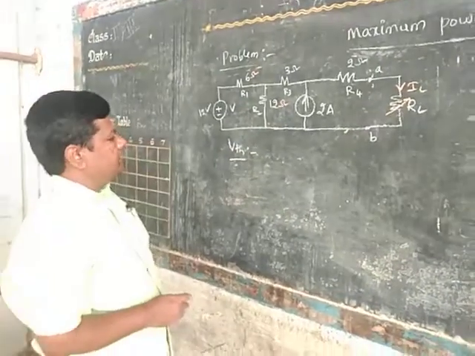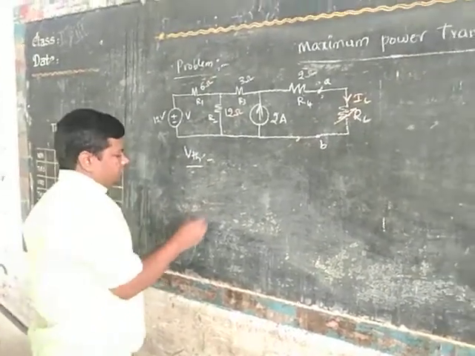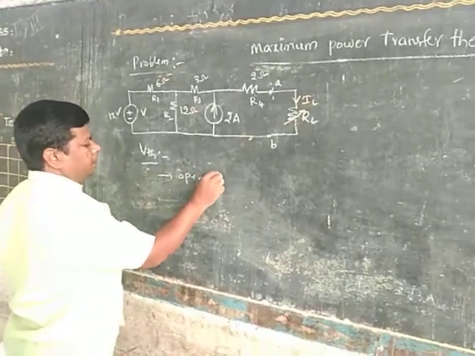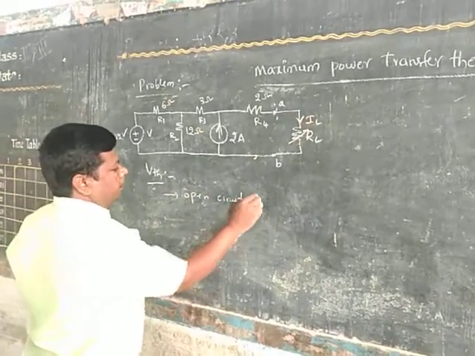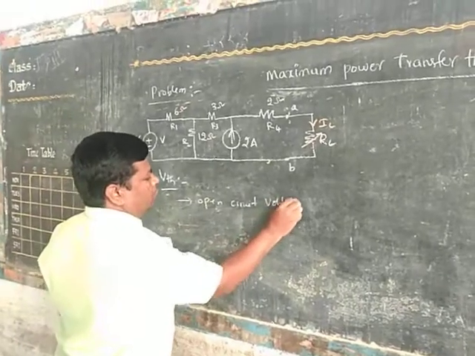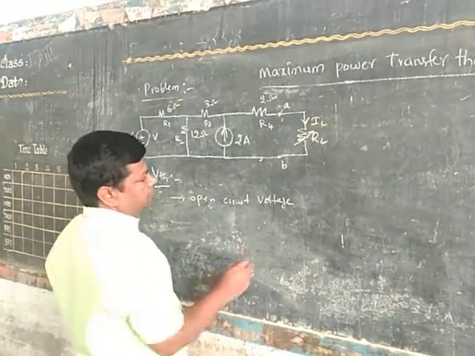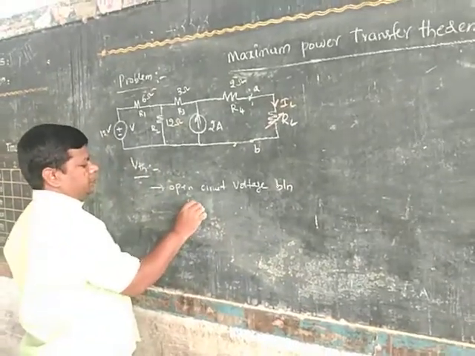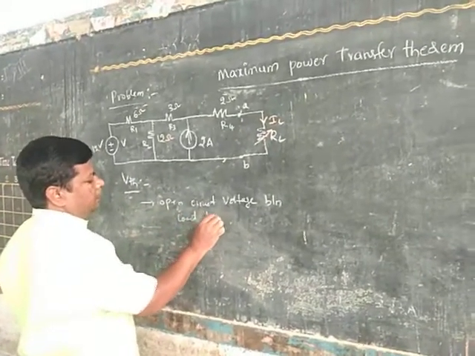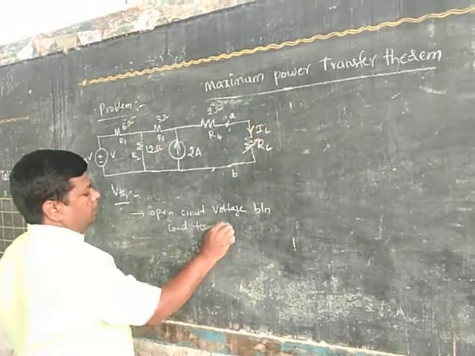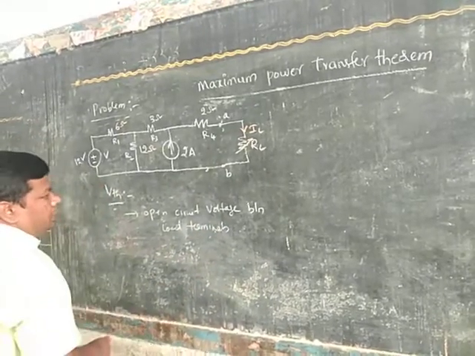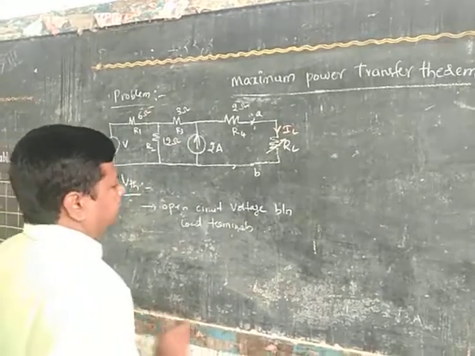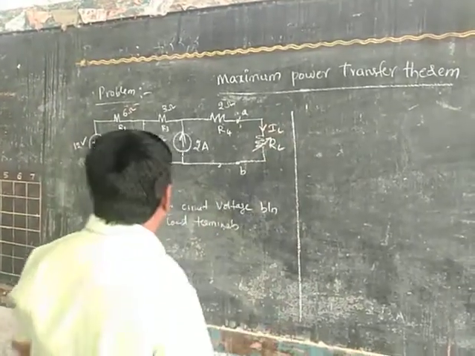Thevenin voltage is again the open circuit voltage, the open circuit voltage between the load terminals. Remove the RL and again redraw the circuit and find the Thevenin voltage.